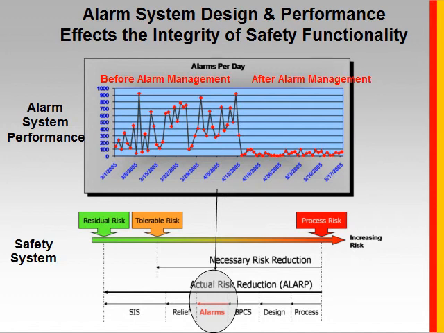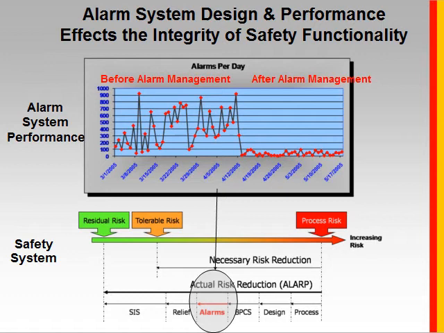And that's part of what we want to talk about, how the performance of the alarm system can affect the actual level of risk reduction that would be provided by a safety IPL alarm, an alarm as a layer of protection. It may reduce it or it may eliminate it altogether, which would mean that the level of risk that you actually have is higher than what you thought you have and may increase the risk above your tolerable level.